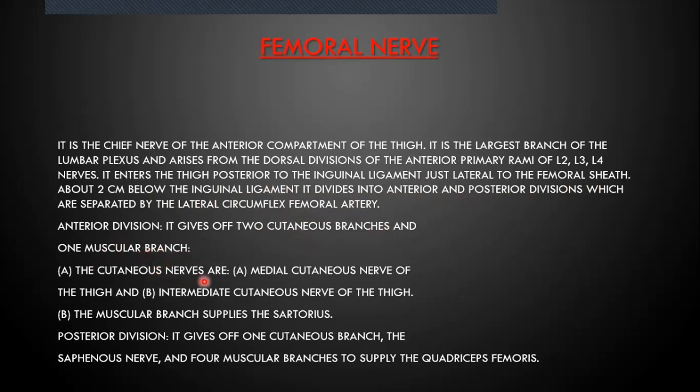The cutaneous nerves include the medial cutaneous nerve of the thigh and the intermediate cutaneous nerve of the thigh, while the muscular branch is the nerve to sartorius. The posterior division will give 1 cutaneous branch, known as the saphenous nerve, which will supply the medial aspect of the leg and some part of the foot.